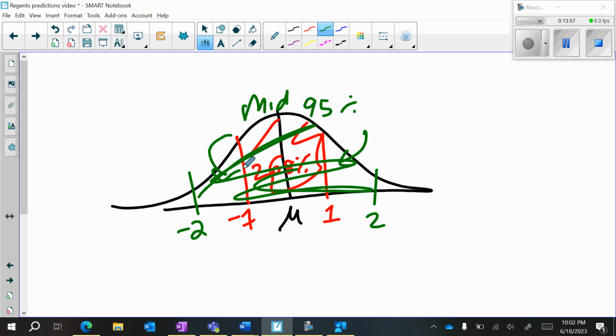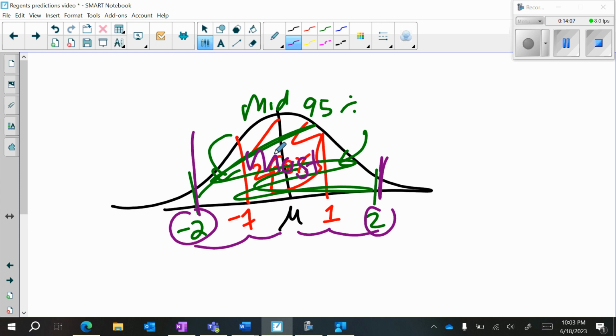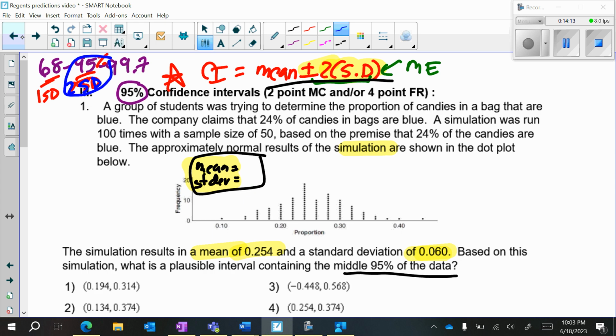So when they say the middle 95%, they mean most people are located within 2 standard deviations above or below the mean. We're getting an interval, and these are the values that are likely or plausible to happen just by chance alone.